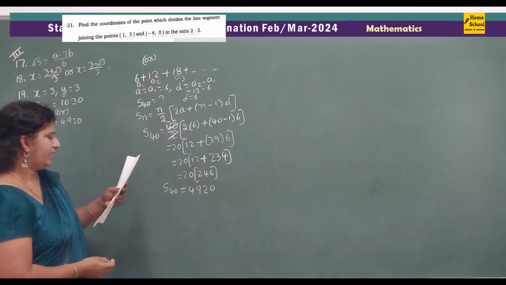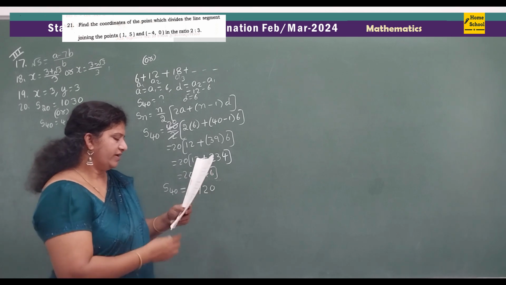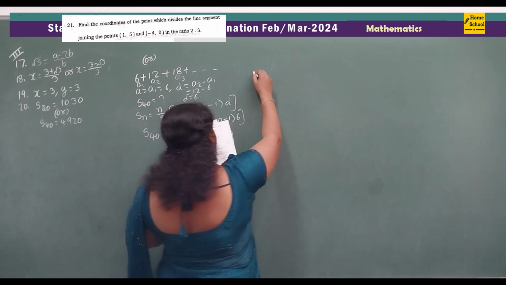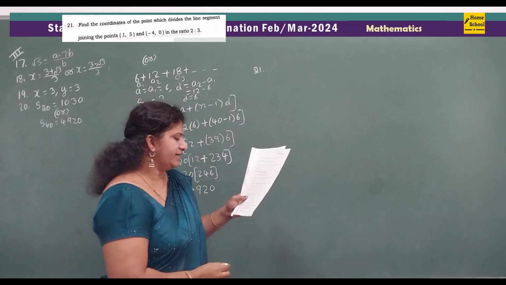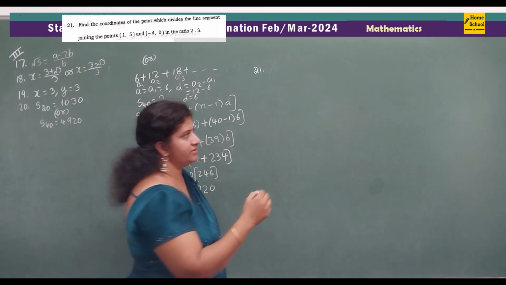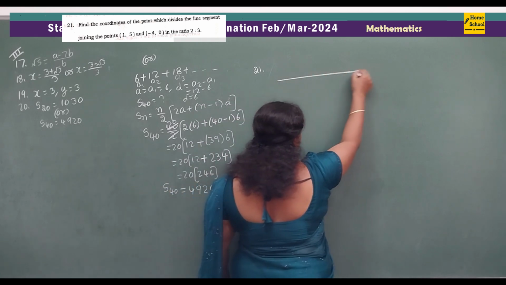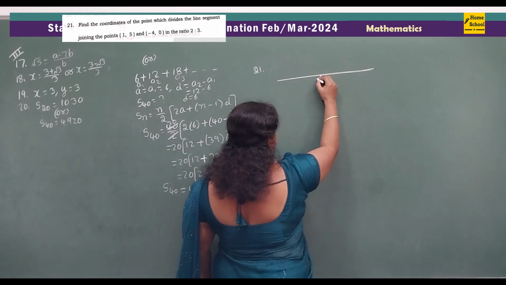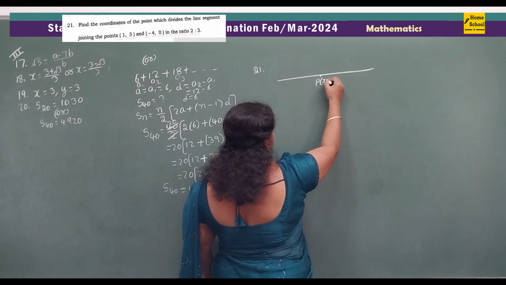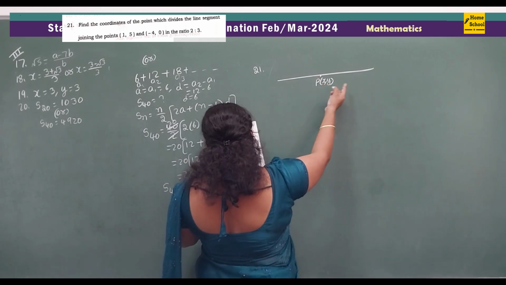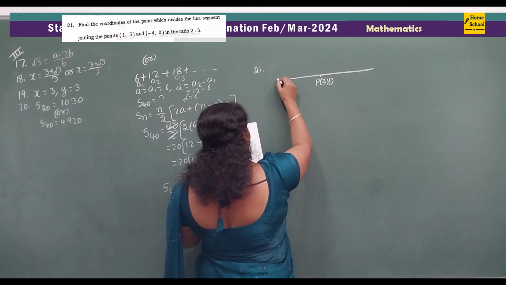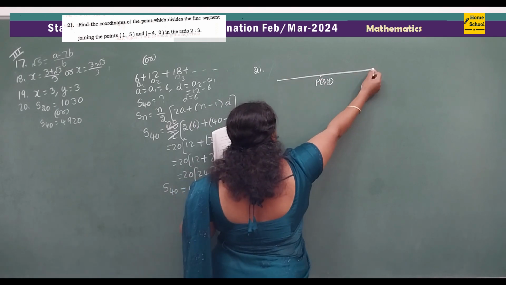Next question. 21. Find the coordinates of the point which divides the line segment joining the points. Find the coordinates of the point, meaning here P(x, y), which divides the line segment joining points. So this point divides, and this is your line segment.